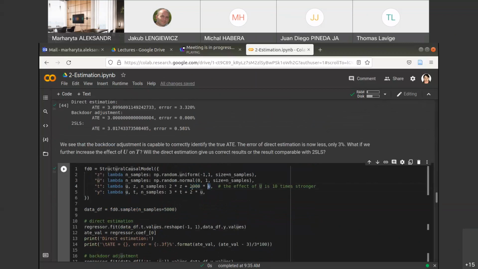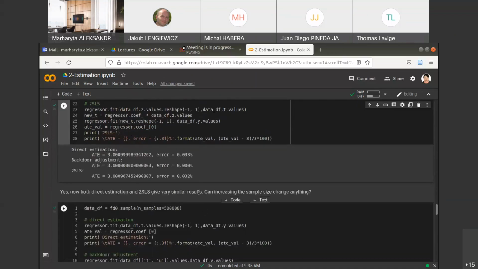Now you can observe that the coefficient in front of u is 2000. A similar situation happened. These two methods work, and now the naive estimation gives us a value that is very close, essentially the same error of estimation as the two-stage least squares.